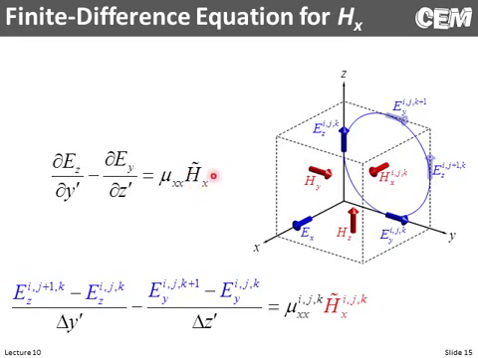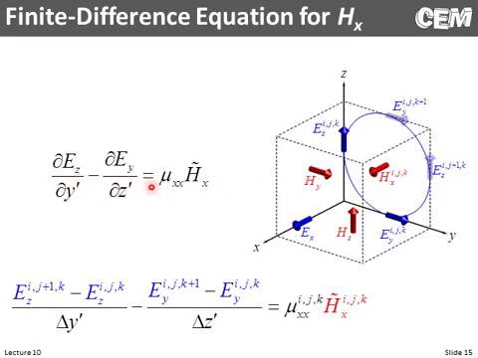Since this is the equation for h sub x, let's make sure all of our terms in our eventual finite difference equation exist at the same point as h sub x. One thing we need to do is define the permeability, mu sub xx, to be at the same point as h sub x. That way this product makes sense. So we're going to assign mu xx right here at this point. And we mentioned this on a previous slide, so that shouldn't be any surprise.